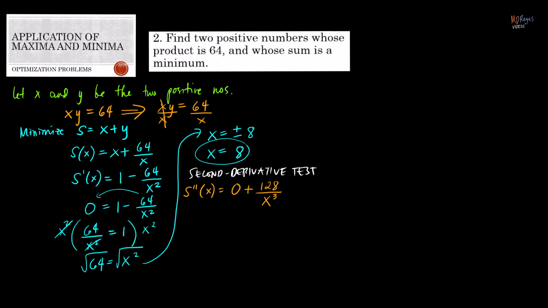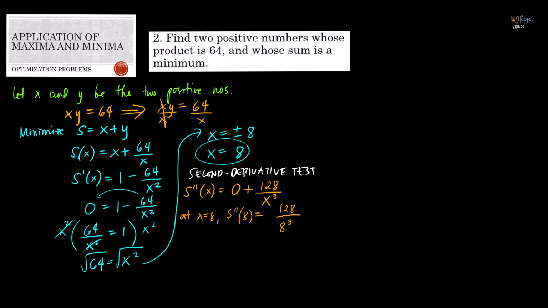Now, the value of s double prime of x at x equals 8 must be greater than 0, so that we can conclude that x equals 8 will yield a minimum value of the function. So at x equals 8, s double prime of 8 is equal to 128 over 8 cubed.